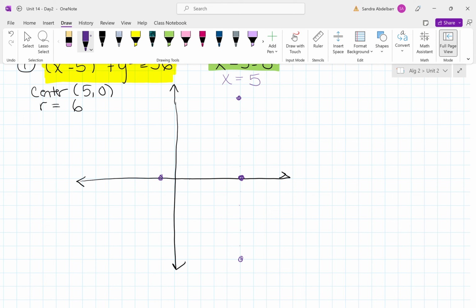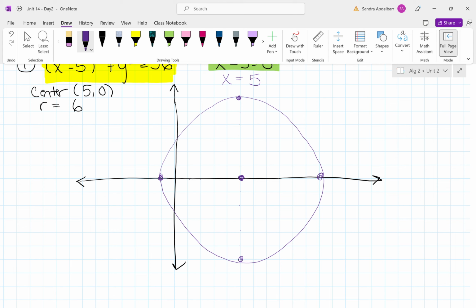And 6 to the right: 1, 2, 3, 4, 5, 6. Then we connect our points and create something that looks sort of like a circle.